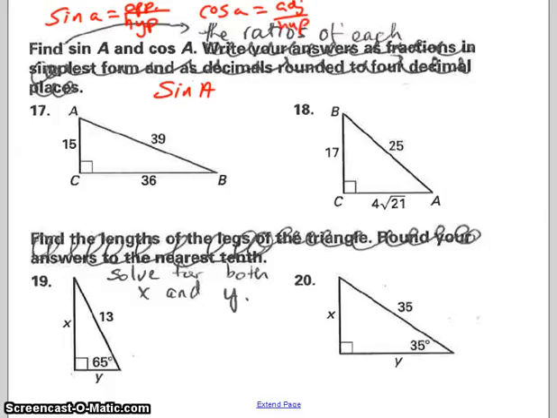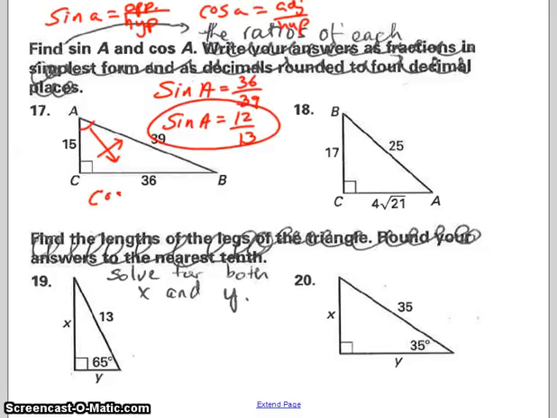So sine A is opposite over hypotenuse, 36 over 39. Reduce it by 3, 12 over 13. Cosine A, adjacent over hypotenuse, 15 over 39. Again, both are divisible by 3, so you get cosine A equals 5 over 13.